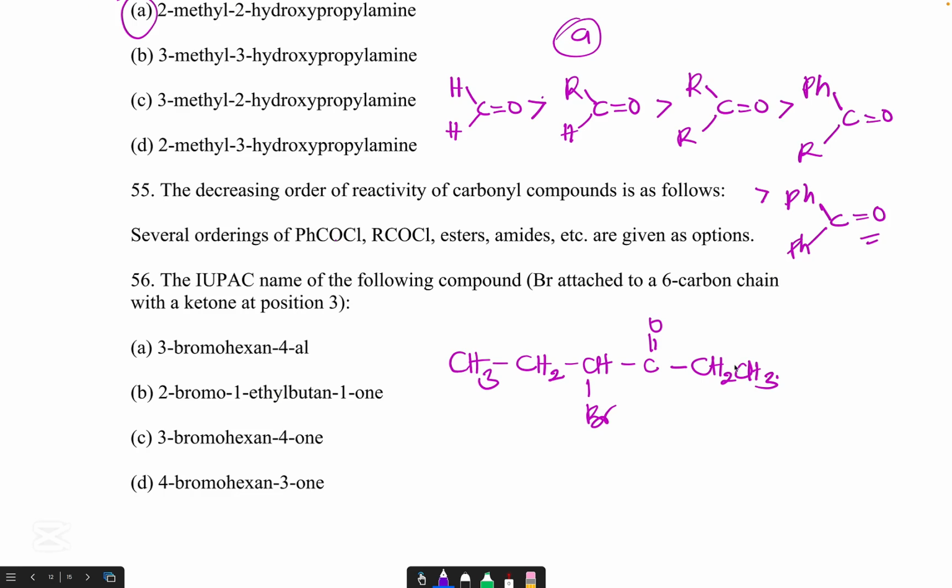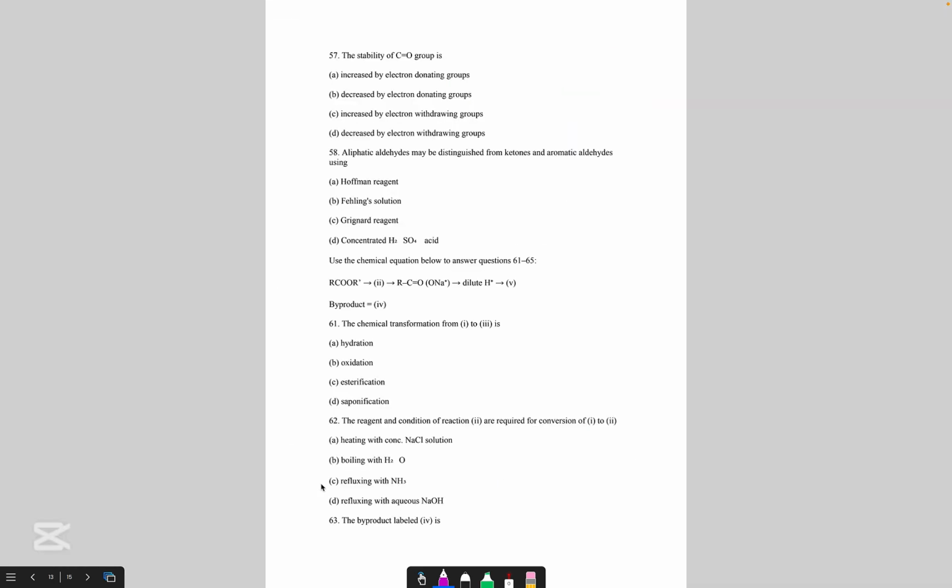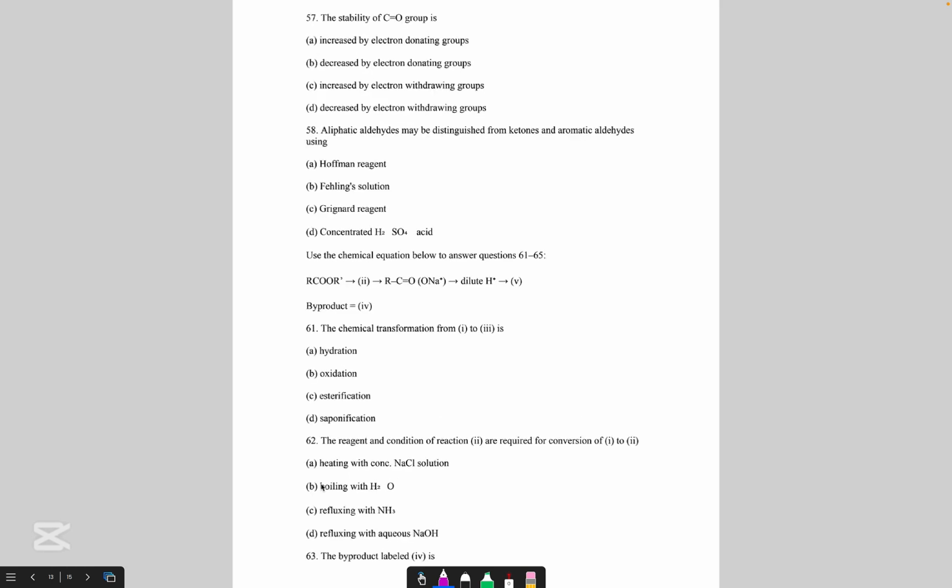Numbering from this side will be much easier: 1, 2, 3, 4, 5, 6. So this is 4-bromo, 3-hexanone, or 4-bromohexan-3-one, and that makes option D the correct answer to that question. Is that okay? Exactly. Let's see the next ones we have here.